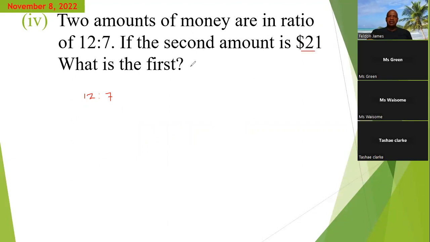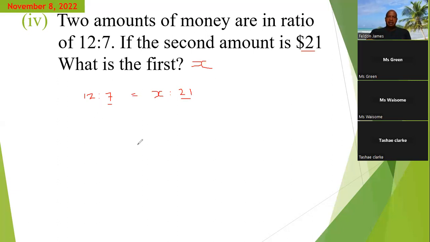The first length, we don't know. So we can say this is the same as x to 21.